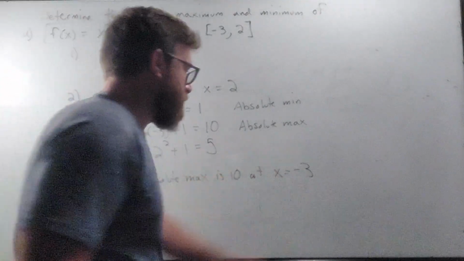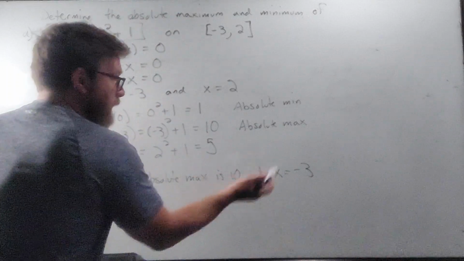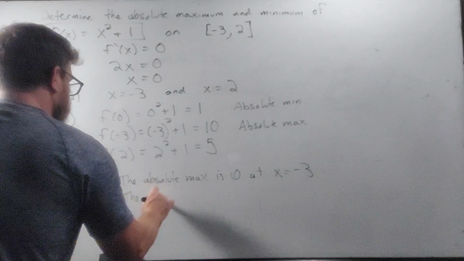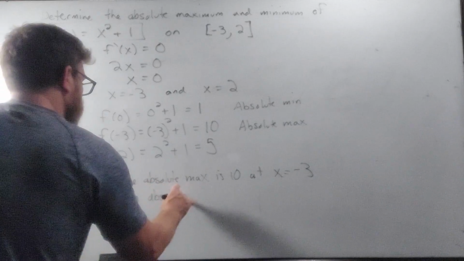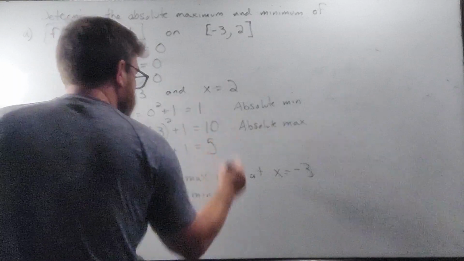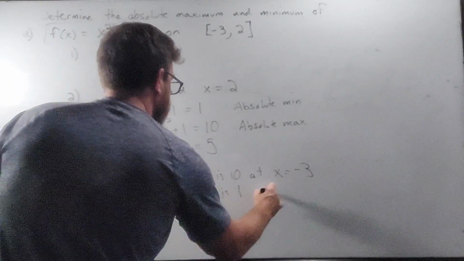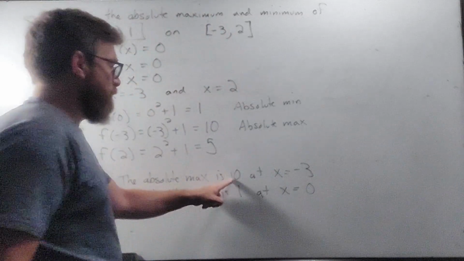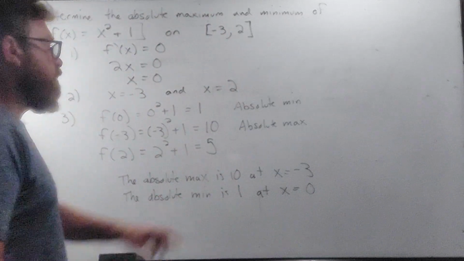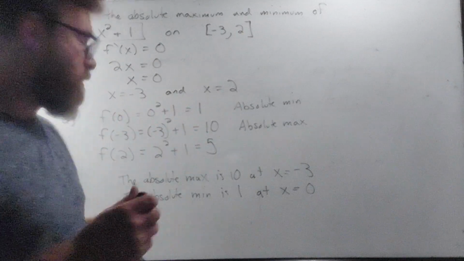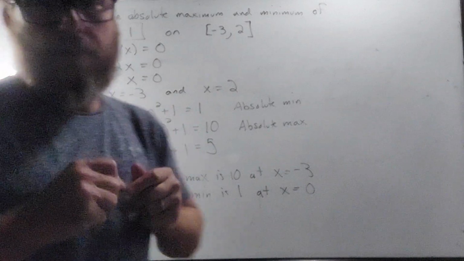It happens at x is equal to negative 3, but the max is 10. And we might say the absolute minimum is 1 at x is equal to 0. So this is its maximum value, this is its minimum value. From now on, I'm just going to write these, and we know that the outputs are their max and min values. So, let me do the next example.